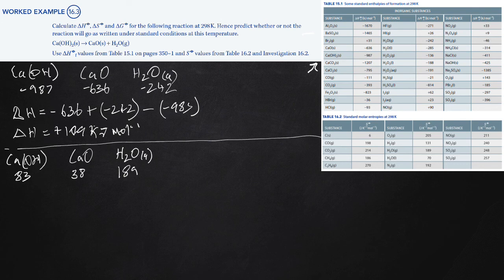Now, let's work out our delta S. Delta S is going to equal the sum of the entropies of the products, and from that we'll minus the sum of the entropies of the reactants.